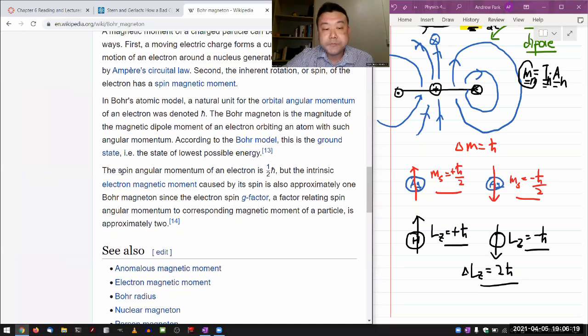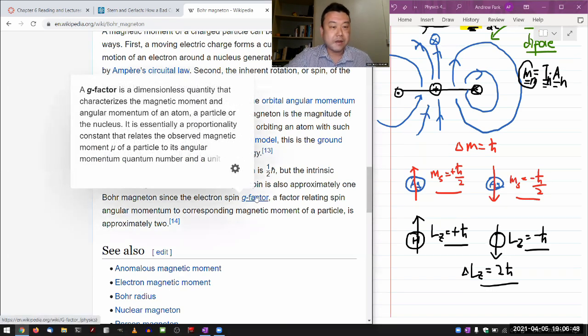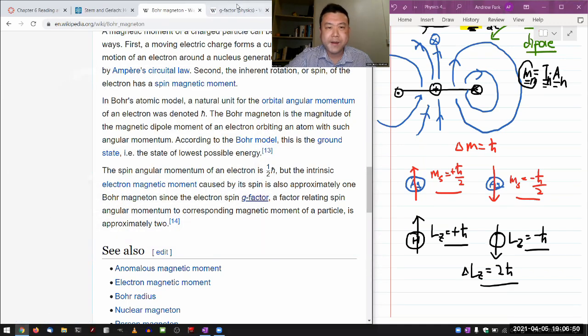When you look at the spin angular momentum of an electron, the gyromagnetic ratio, the ratio between the angular momentum and the magnetic dipole moment, for a quantum mechanical spin angular momentum is twice as large as what you would expect for a classical angular momentum. This is the g factor, the gyromagnetic ratio.